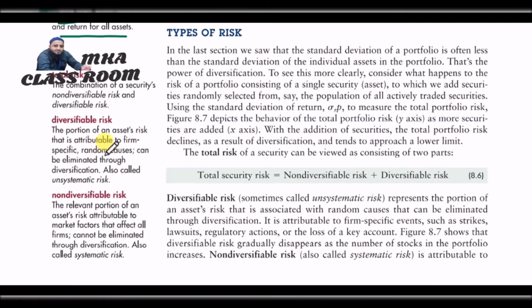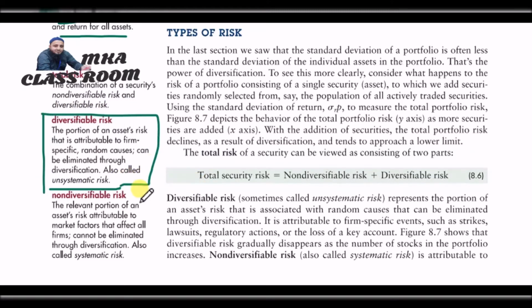Diversifiable risk is the portion of an asset's risk attributable to specific random causes that can be eliminated through diversification, also called unsystematic risks.